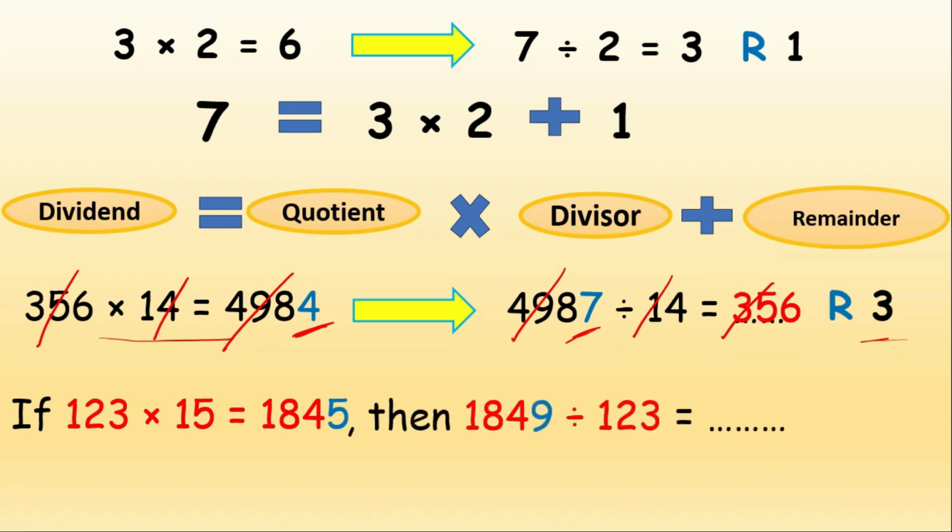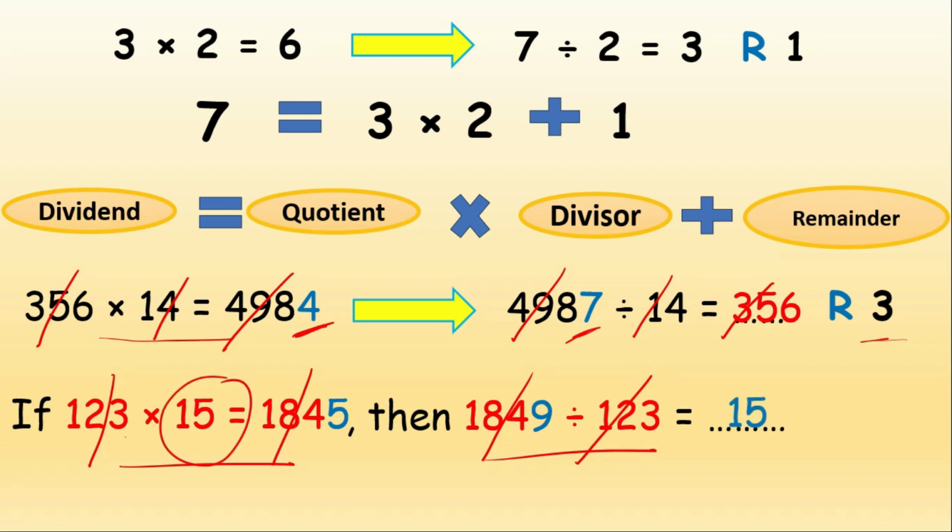Another example. If 123 times 15 equals 1,845, then 1,849 divided by 123 equals what? Let's compare between multiplication and division. Here the product changed to be the dividend, and the factor 123 changed to be the divisor, and the other factor will be the quotient.